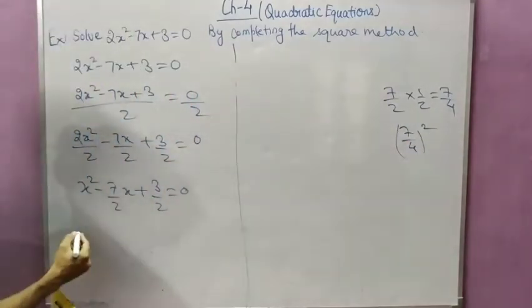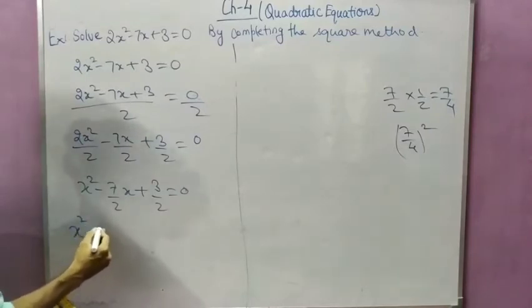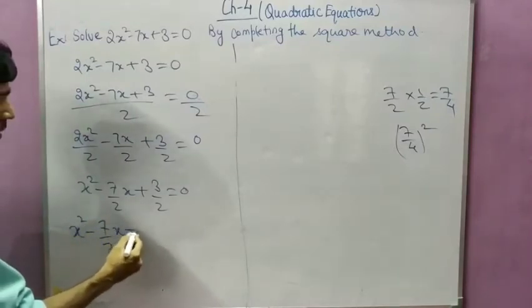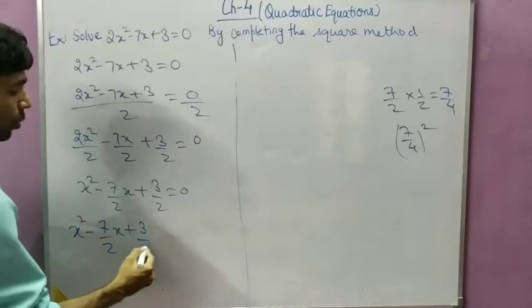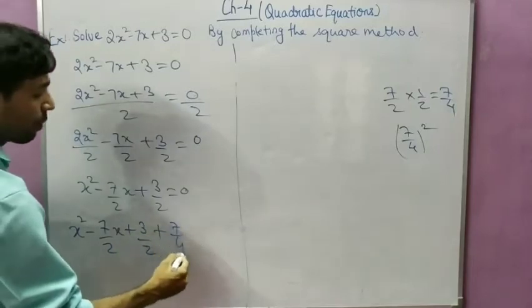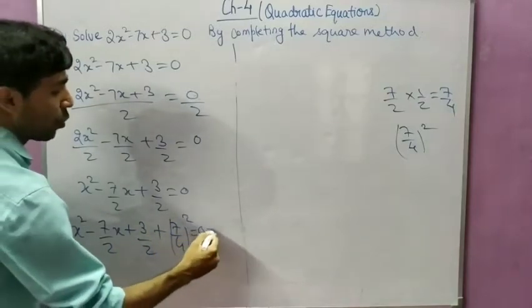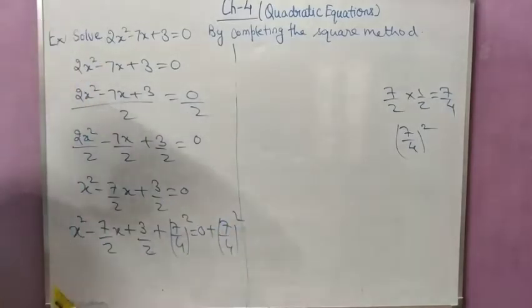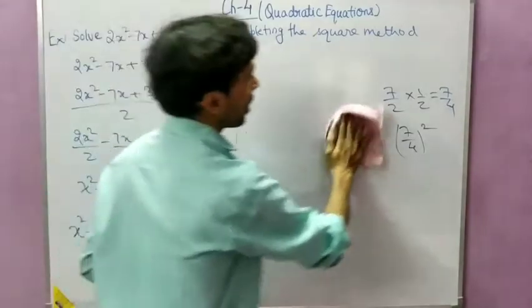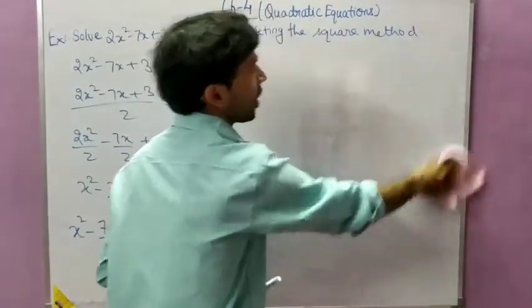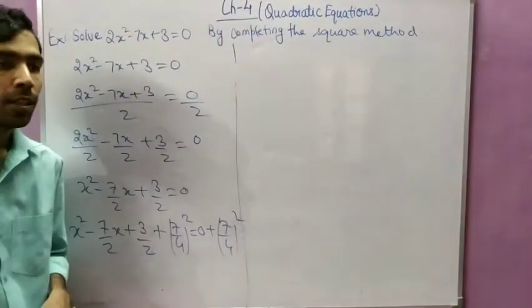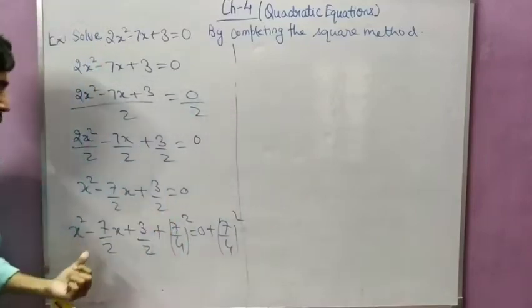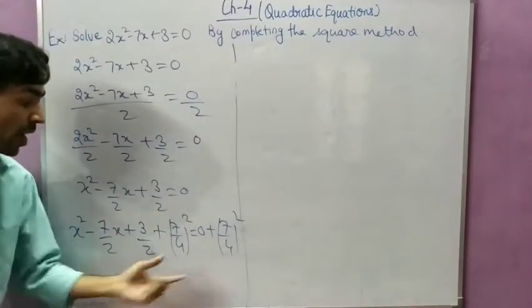So see, what I am going to do, I will do x square minus 7 by 2x plus 3 by 2 plus 7 by 4 square, and here is 0 plus 7 by 4 square. Okay? Now, what I told you after that, you have to take 3 terms in LHS together. And what are the 3 terms? The x square term, the x term, and the square term.